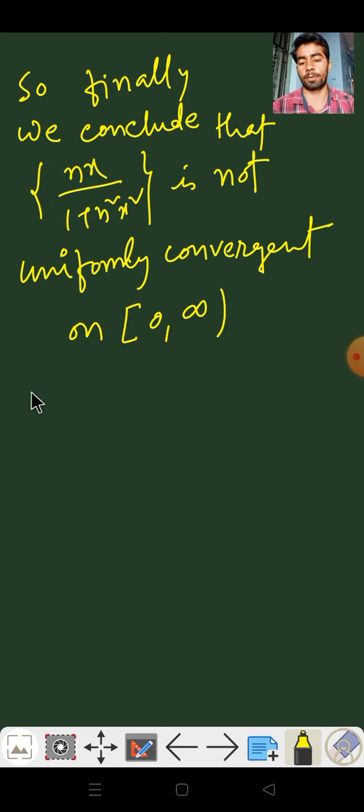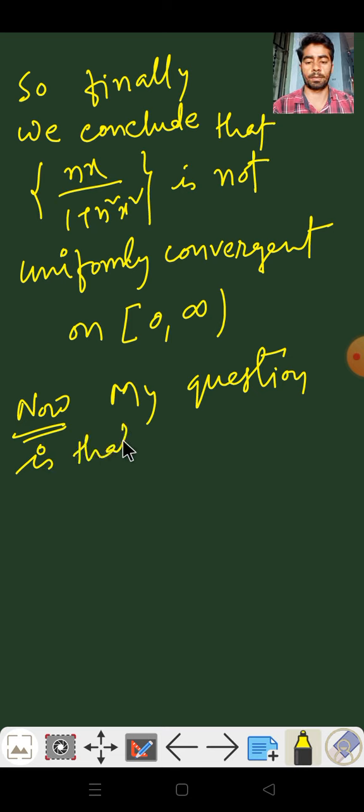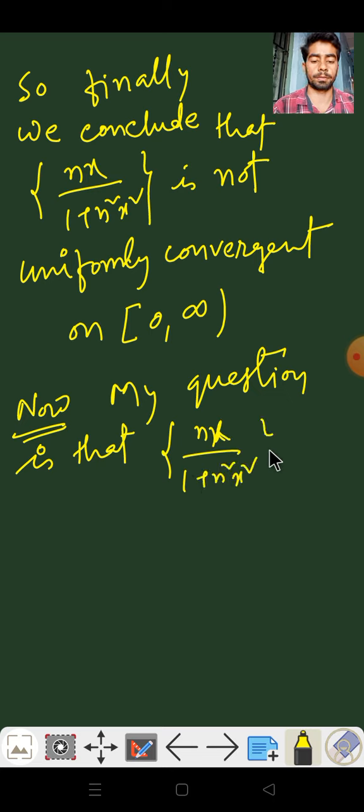Now my question is: is the sequence of function nx divided by 1 plus n square x square UC, that is uniformly convergent, on the closed interval 0, 1 or not?